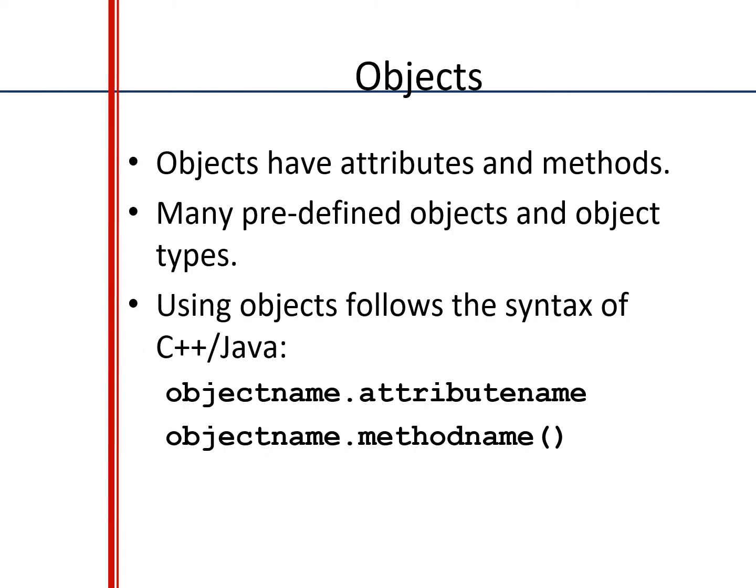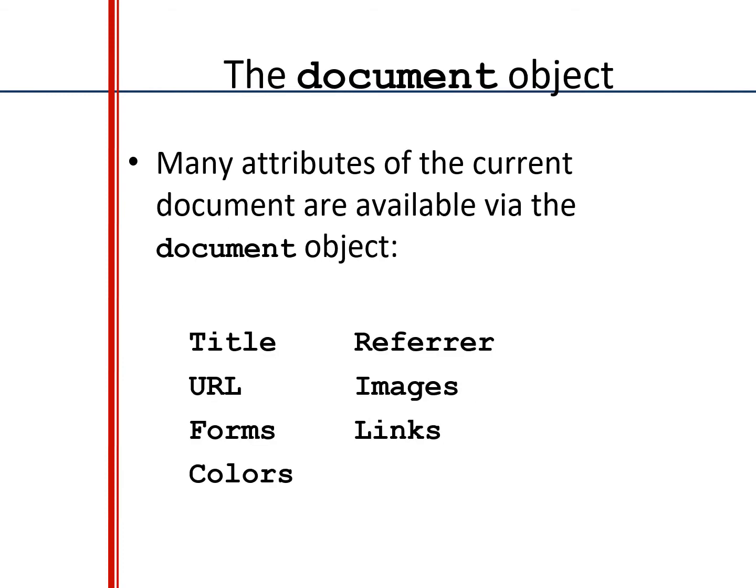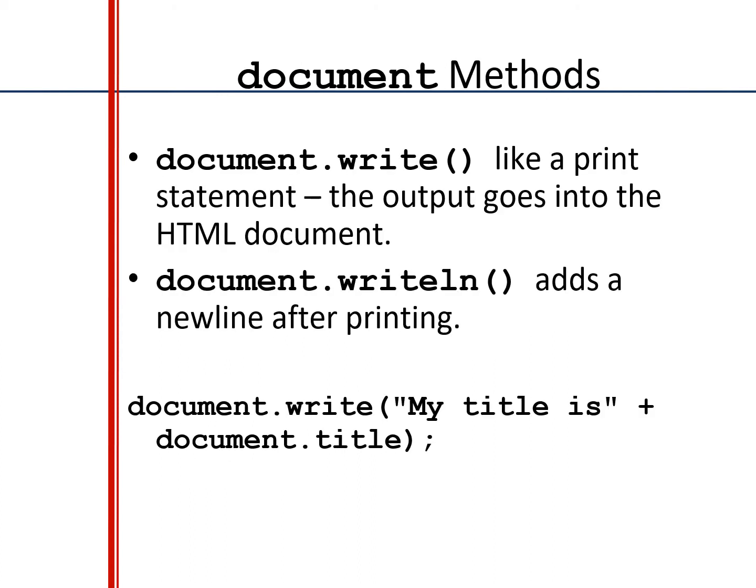Objects: these have attributes and methods. Among the many predefined objects, the types of objects we use have an object name and attribute names, and we mention the method names as well. The document object: many attributes of the current document are available via the document object, like title, URL, forms, colors, referrers, images, links. For document methods, we write document.write, which is a print statement that displays on your screen.